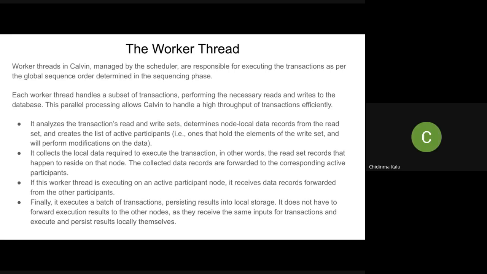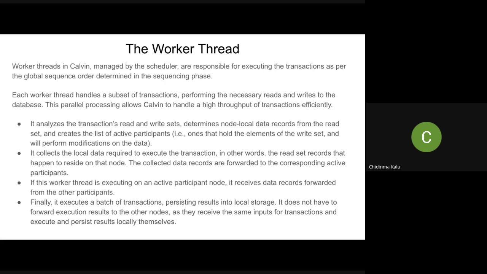Yeah. What was I saying? I think I was saying that one of the things the worker thread does is it collects local data required to execute the transaction. Like the read set records that reside on that node, and then these collected data records are forwarded to the corresponding active participants.